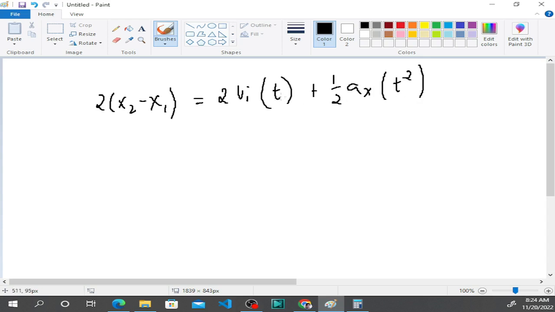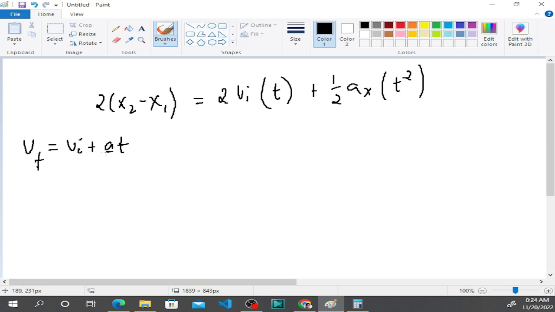So now, where can we get an expression that we can substitute for t? Be reminded that vf is equivalent to vi plus a times t. Okay, so the final velocity is related to the initial velocity and acceleration.